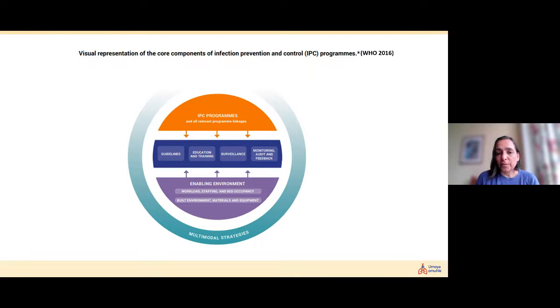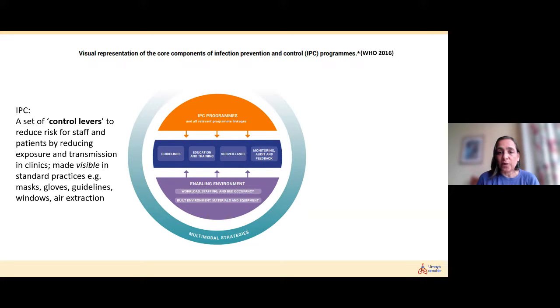If we look at the WHO conceptualization of core components of IPC programs, and this is not just for TB IPC, but for IPC programs in general, it includes an understanding of infrastructure of relevance to IPC. When we think about the control levers, they're often the most visible elements of IPC: the standard practices around masks or gloves, or guidelines that are in place, or windows open or closed.